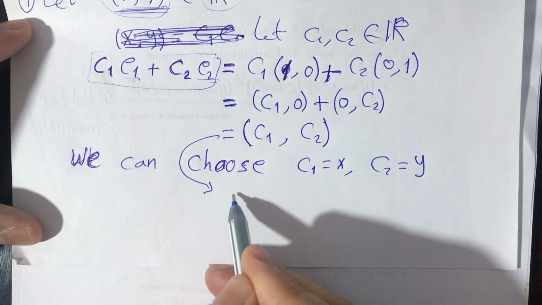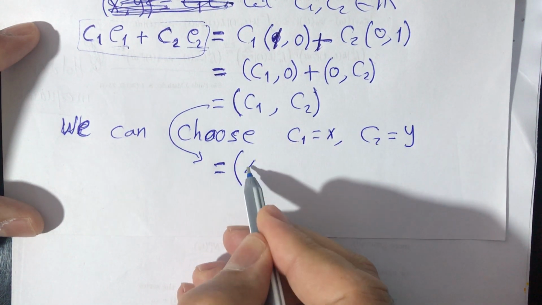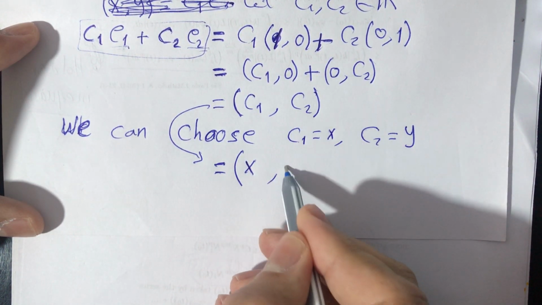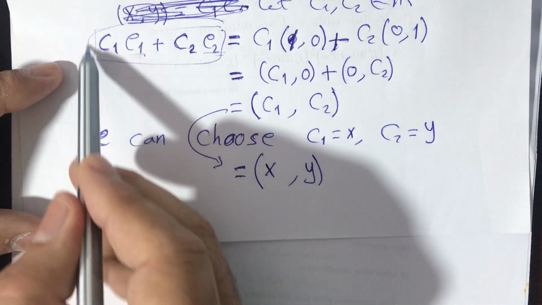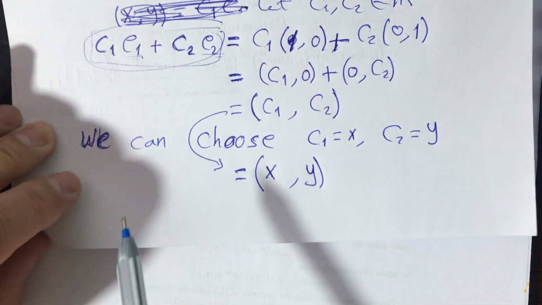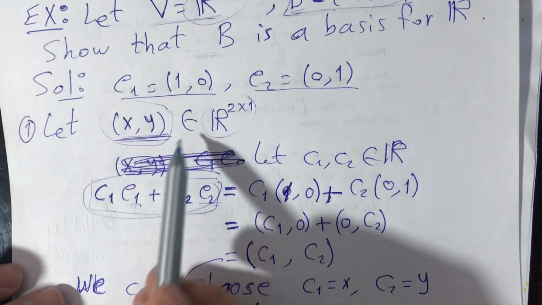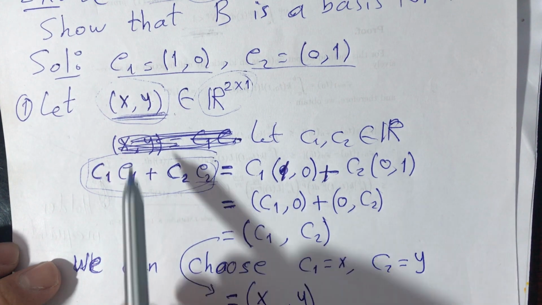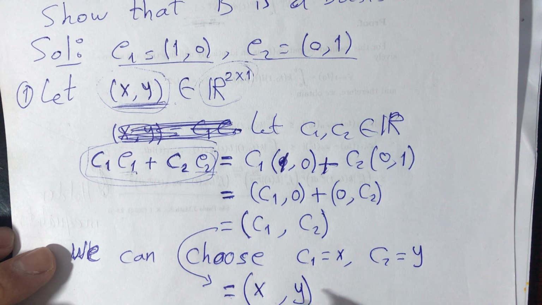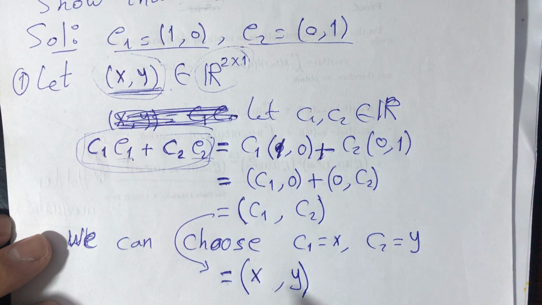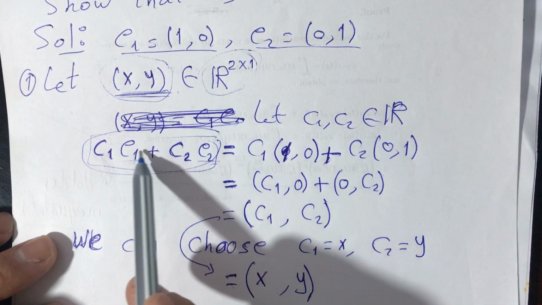So this linear combination of the two vectors E1 and E2 is equal to x, y, and x, y in R2 is any point. So any point in R2 can be written as a linear combination of these two vectors, E1 and E2.